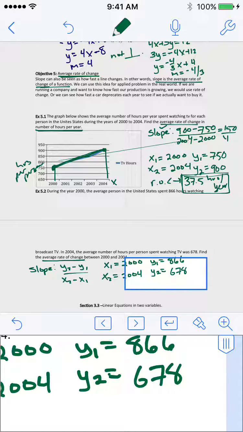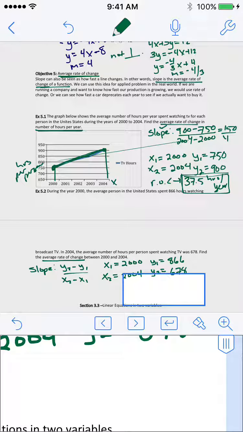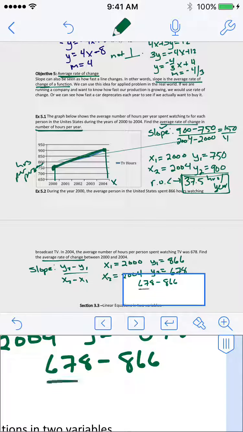Awesome. And so that's our y2, right? That's why we did that whole problem earlier, that correlated that. All right, cool. Let's plug them in. y2, 678 minus 866 over 2004 minus 2000.